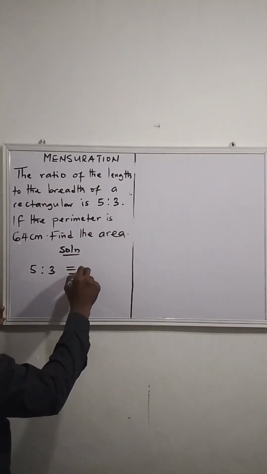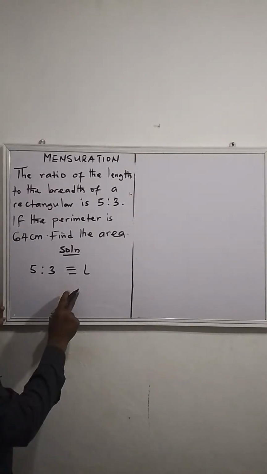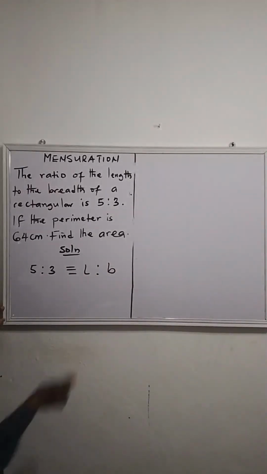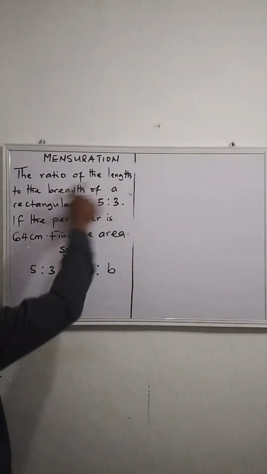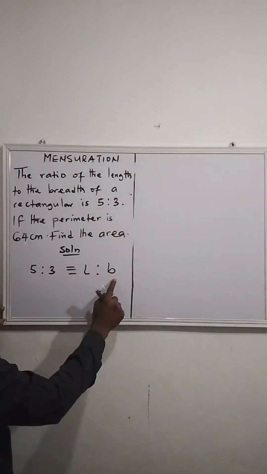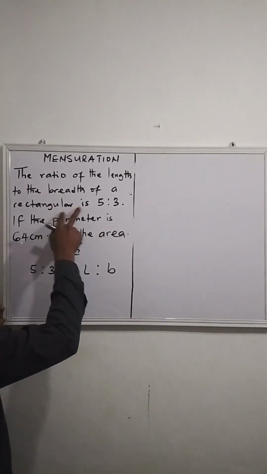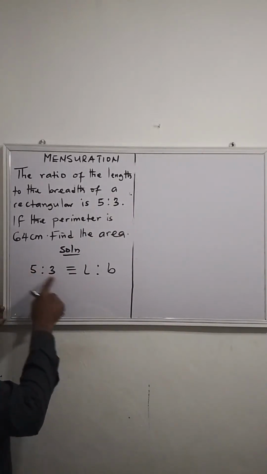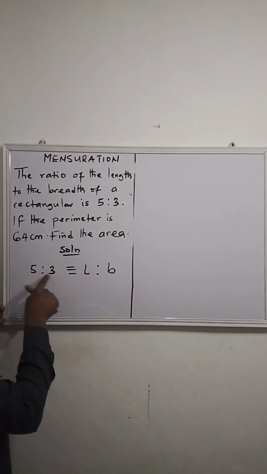So we have the length, which we represented with L, to the breadth. Can you see that? The question says the ratio of the length to breadth of a rectangular shape is 5:3. So that means this is for the length and this is for the breadth.